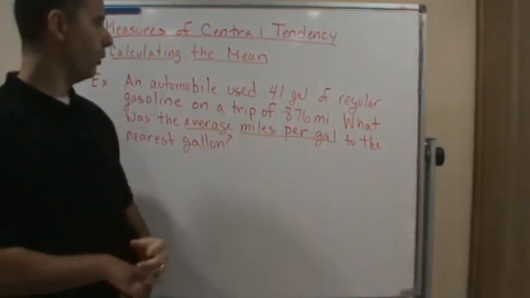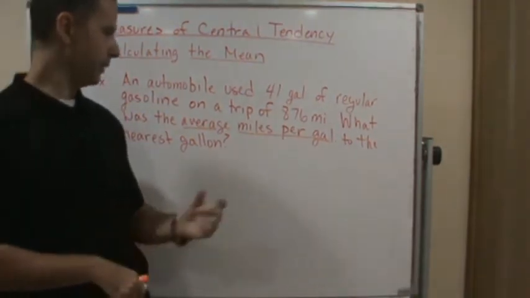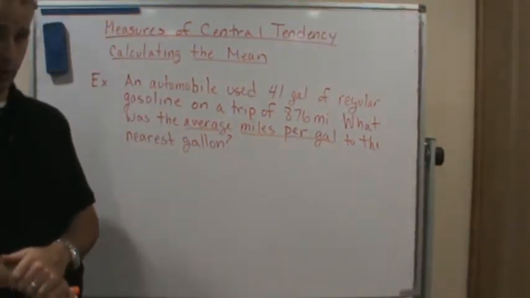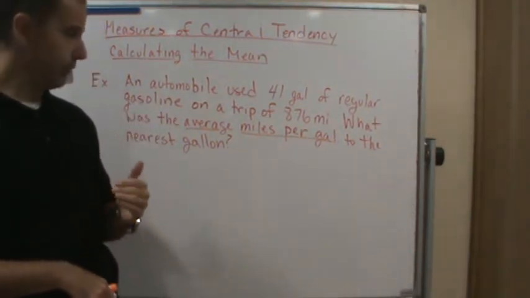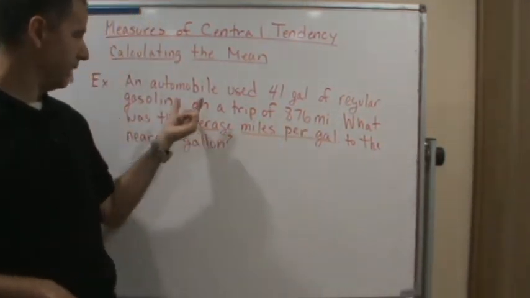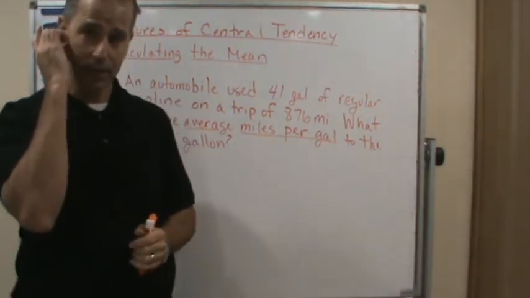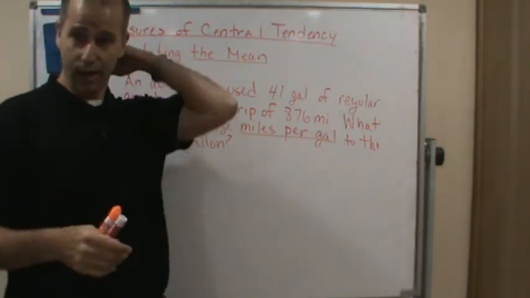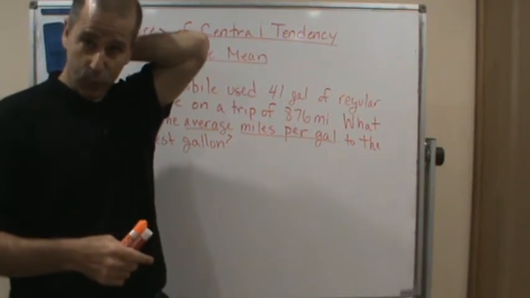All we know is that they used a total of 41 gallons on a trip that was 876 miles. So if we want to know what the average miles per gallon is, we would have to divide the total number of miles by the total number of gallons, and that'll give us an average. Because I'm sure the car wasn't constant. The consumption of gasoline is not constant with any vehicle.